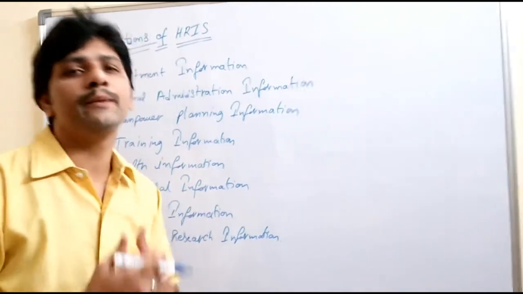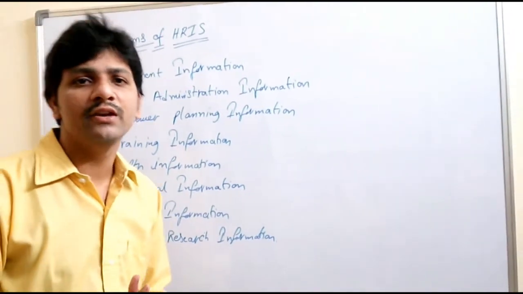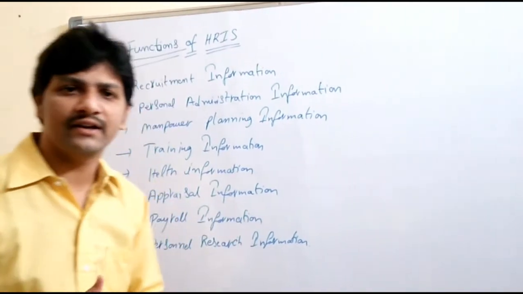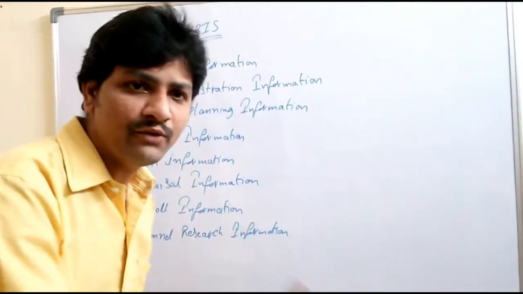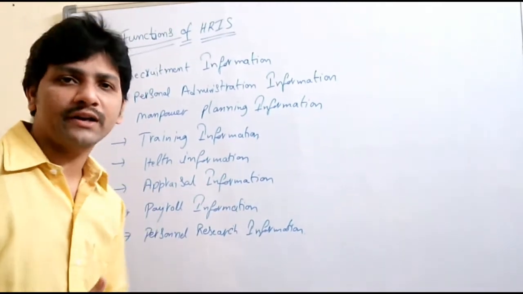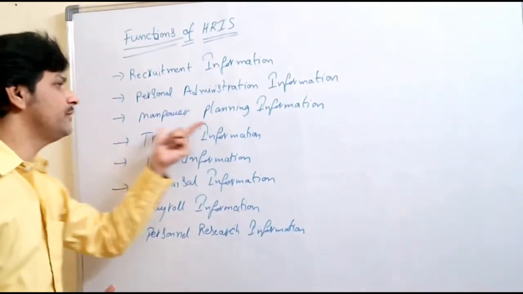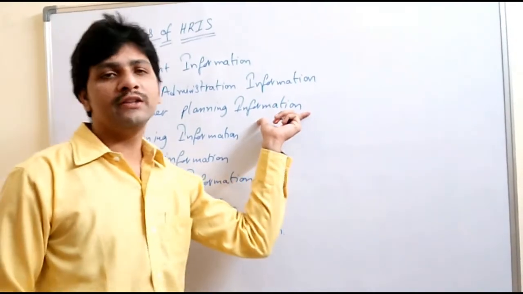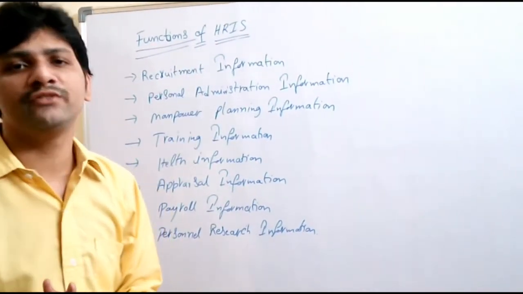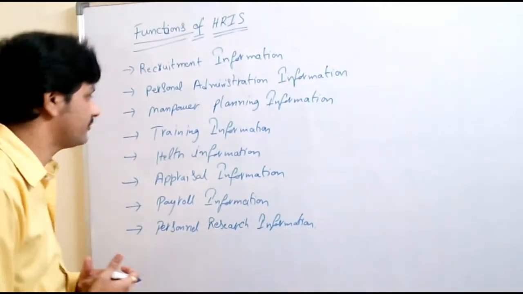They have several departments in a particular organization. Each department has a set of rules and regulations. At the same time, they want quality people. So those people or employee information is stored in the manpower information. It is also one of the important functions in HRIS, Human Resource Information System.